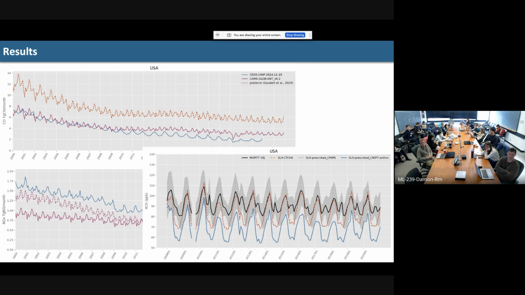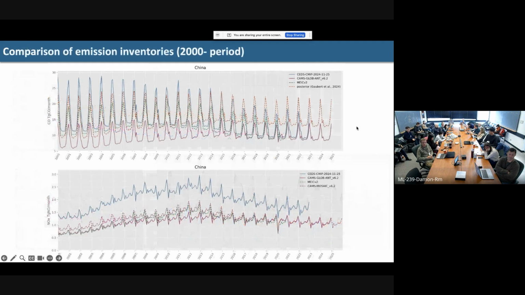But this could be due to other things like the misrepresentation of the NOx, which could produce too much OH and having too short of a lifetime. I would be cautious using just a single model with a single chemistry to evaluate this, but it's still pretty reasonable compared to what we used to see in the previous version of the models.